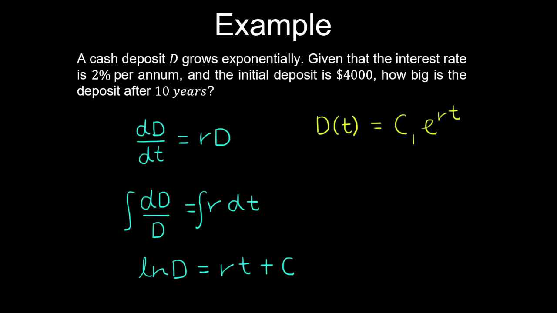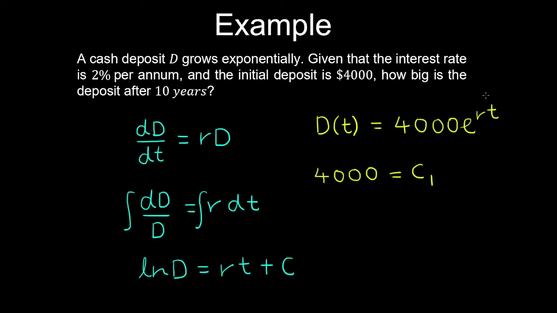So the initial deposit is $4,000, so we have 4,000 is equal to C1. But we substituted for t equals 0. So let's replace C1. And to calculate how big the deposit is after 10 years, we can use the interest rate.